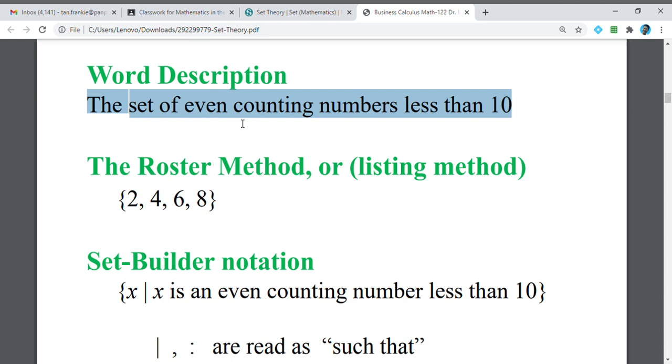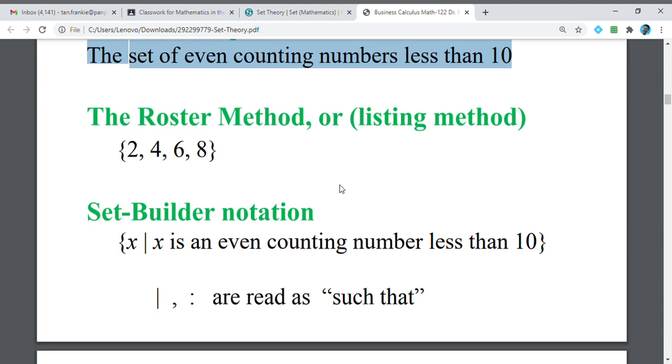Then basically, you're just going to list them down. So what are the numbers which are less than 10? We have here 2, 4, 6, 8. By listing down the elements of this particular word description, we have now the roster method. We have 2, 4, 6, 8. Okay, so this is the roster method or the listing method.